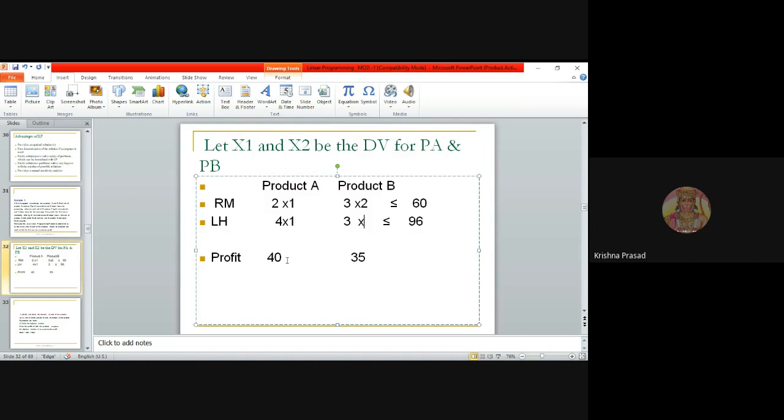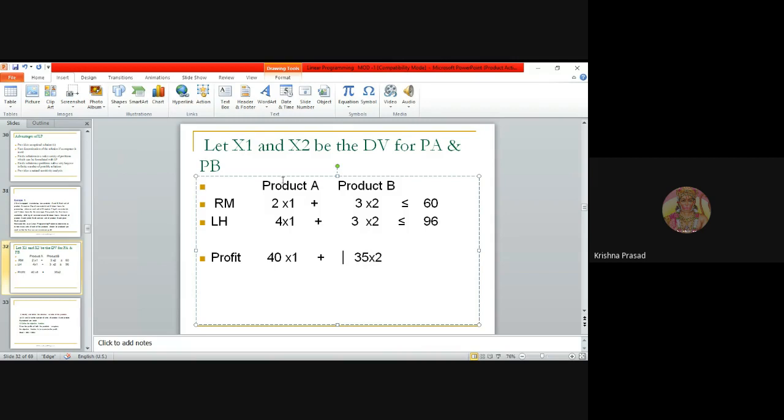And profit for x1 is 40, so 40 x1, and here x2. Now in the middle of this you are coming out with this particular plus. Got it? Now you understood?